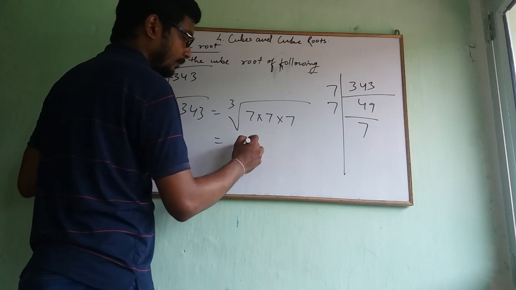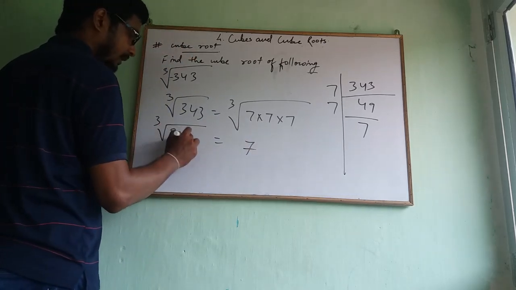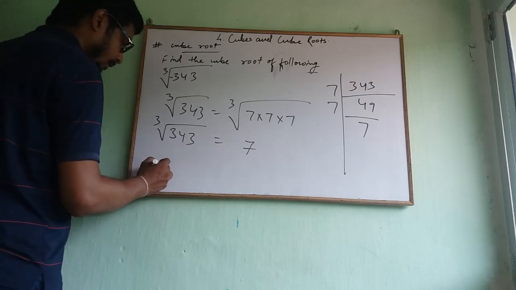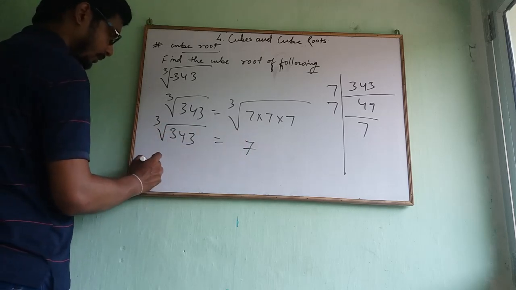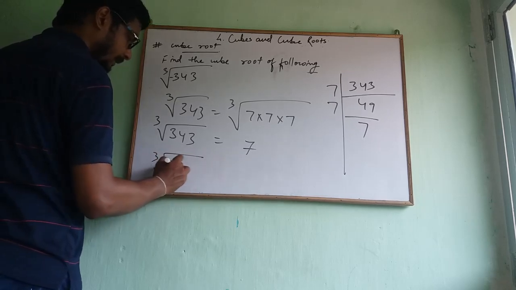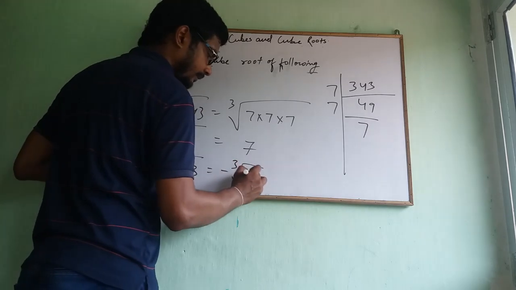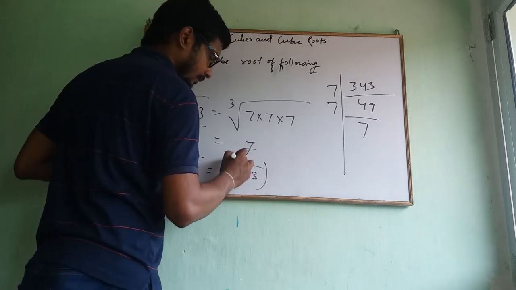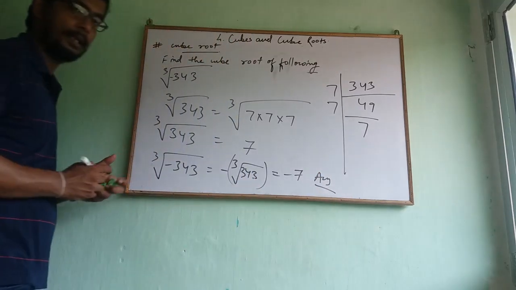So I can take out 7. So the cube root of 343 is 7. So if the cube root of 343 is 7, then the cube root of minus 343 may be written as minus of the cube root of 343, and that will be equal to minus 7, and that will be my answer.